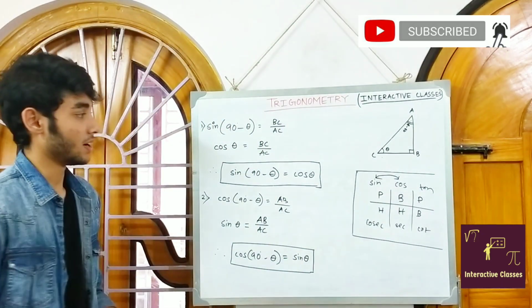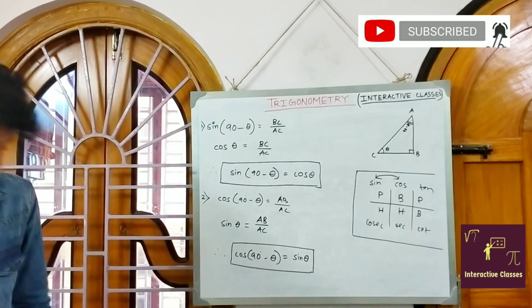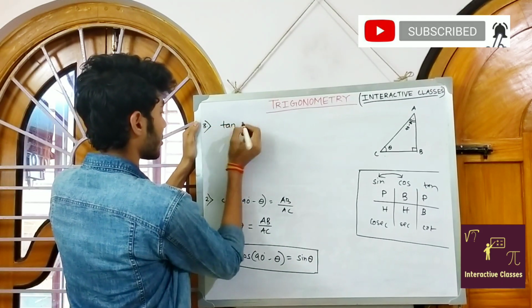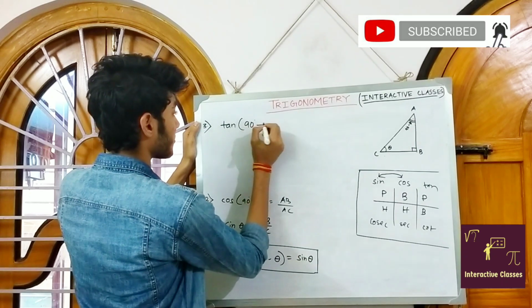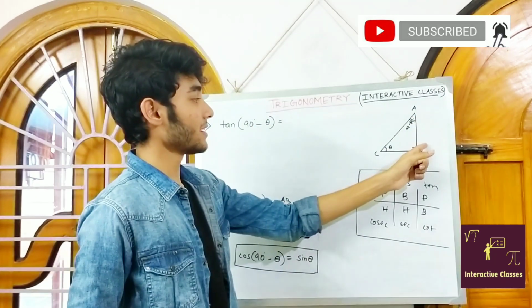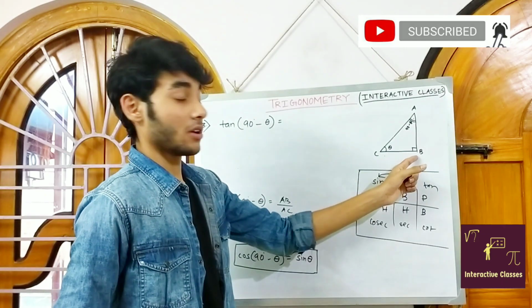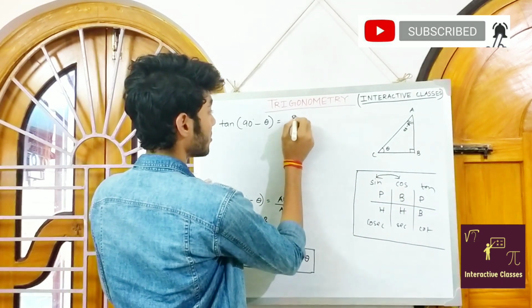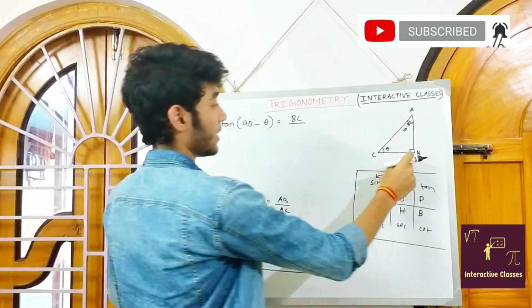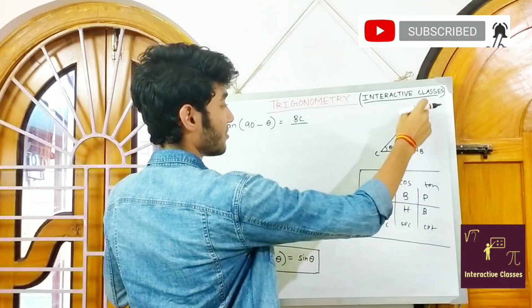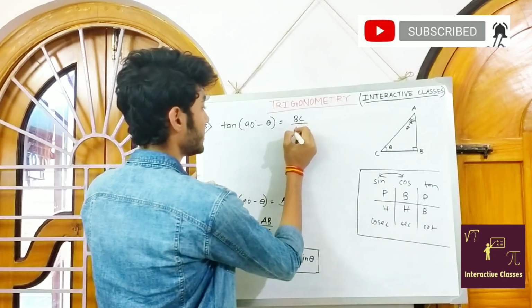Now let us find out tan 90 minus theta. From this aspect, tan 90 minus theta is nothing but perpendicular by base. The perpendicular is BC and the base over here is AB. So BC by AB.